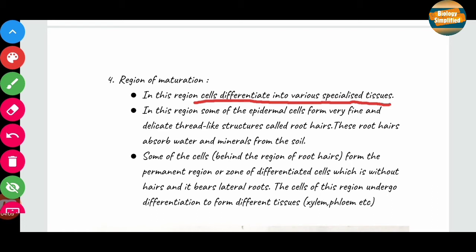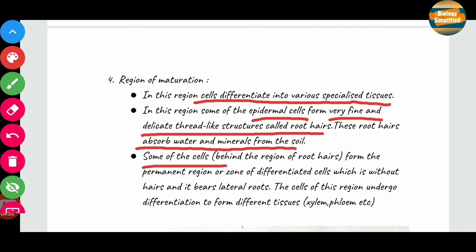The epidermal cells form very fine thread-like structures called root hairs. These root hairs have a very large surface area, so they help in absorbing water and minerals from the soil.